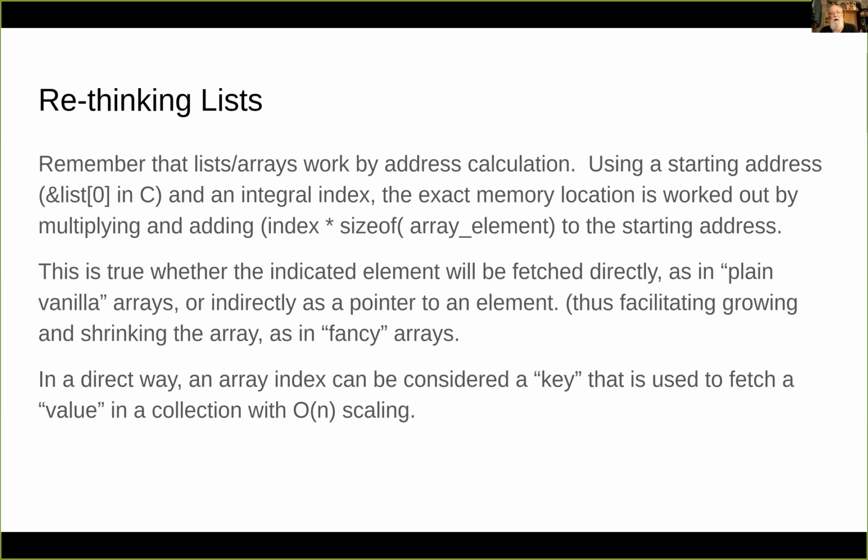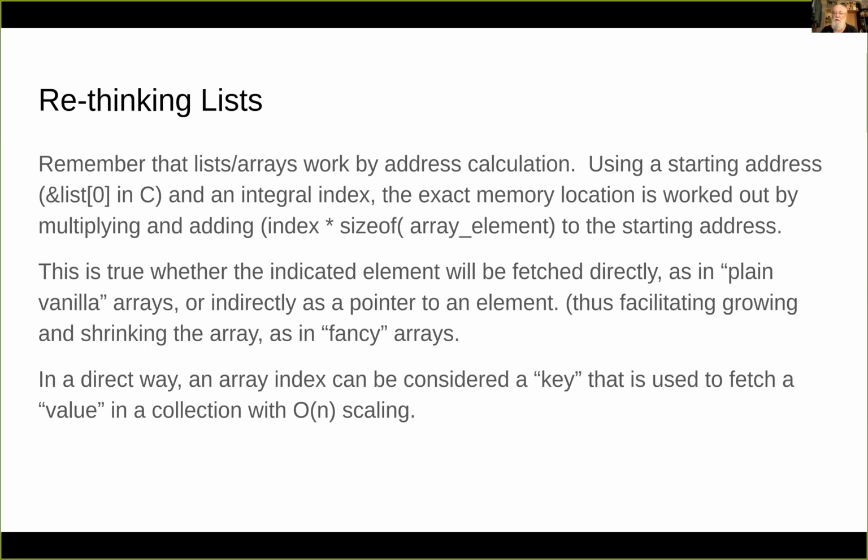Now, we talked about fancy arrays versus plain vanilla arrays. So the element you're taken to by this address calculation might be already directly the value that you want, or it might be a reference or a pointer to a value stored elsewhere, which is probably what you need for a couple of reasons. One is if your array elements are objects, you might want to just have references to them in the array to keep the size down.